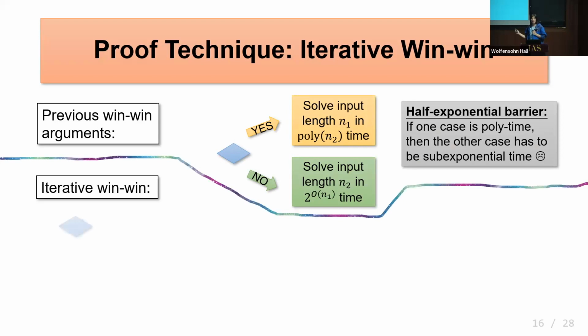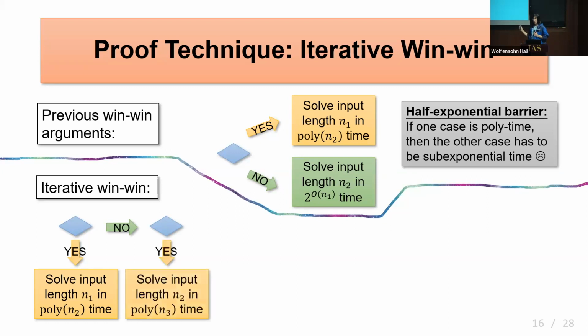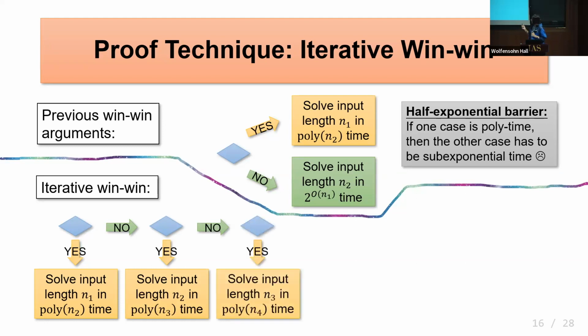In our new win-win analysis, we do something like the following. We select instances N1, N2, N3, and so on. If something good happens, then we can solve instance N1 in poly N2 time. If this good thing doesn't happen, then we continue our win-win analysis and look at another good thing. If the second good thing happens, then we solve instance N2 in poly N3 time. If it doesn't happen, then we look at the third good thing.